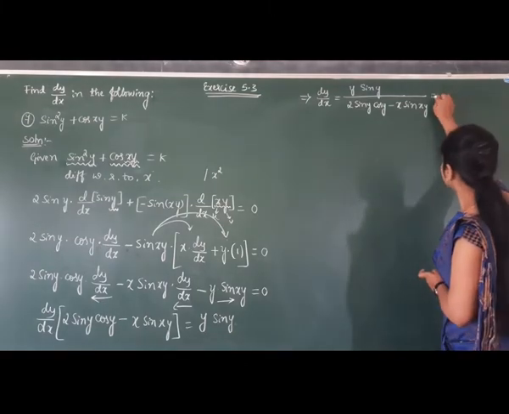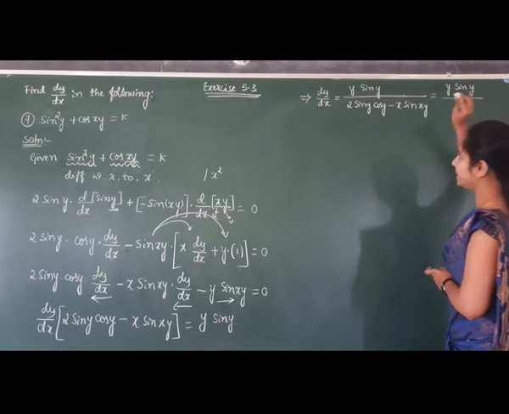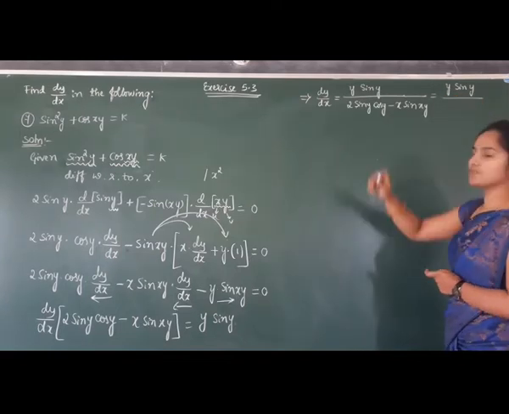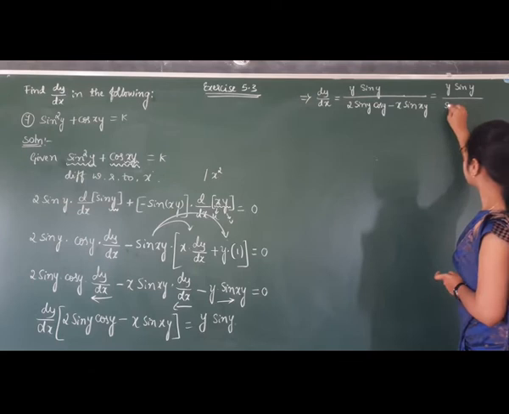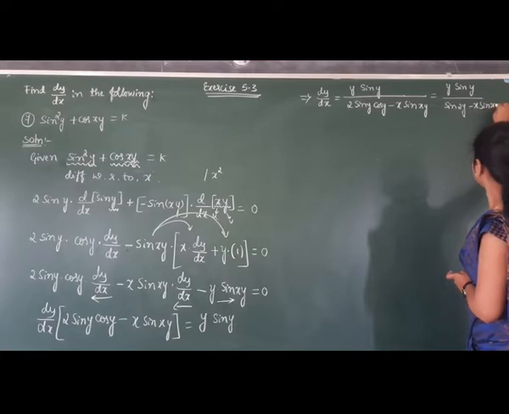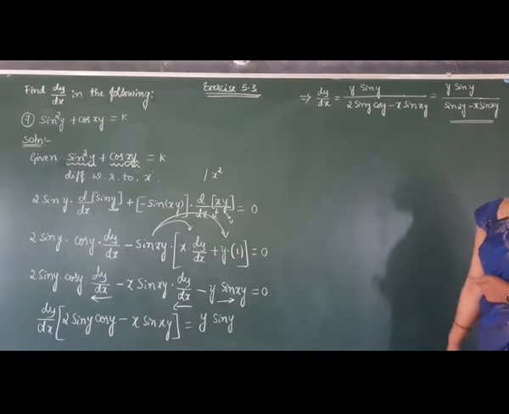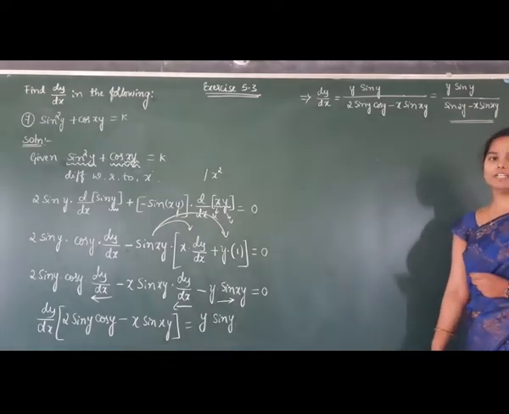This is also equal to y sin xy divided by, since 2 sin y cos y is sin 2y, sin 2y minus x into sin xy. This is the derivative of the given function with respect to x.